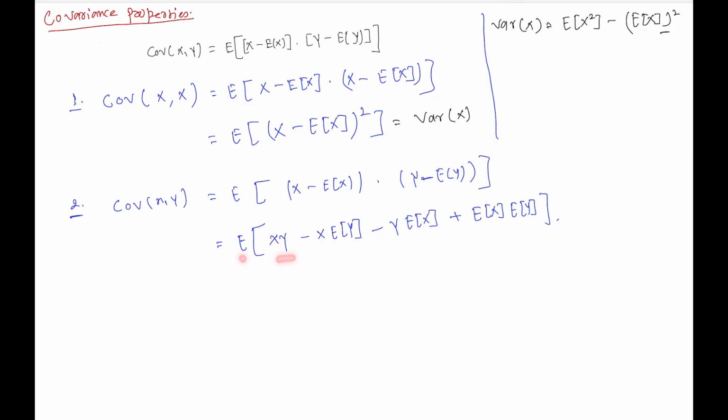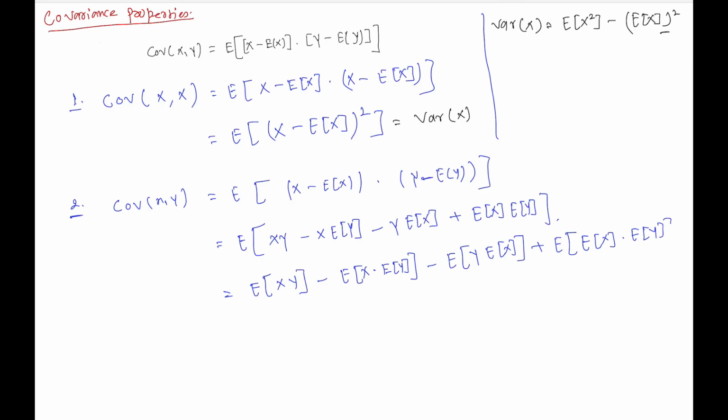Now you can apply the linearity property, and this expectation would be equal to the expectation of x times y, minus the expectation of x times the expectation of y, minus the expectation of y times the expectation of x, plus the expectation of the expected x times the expected value of y, right?